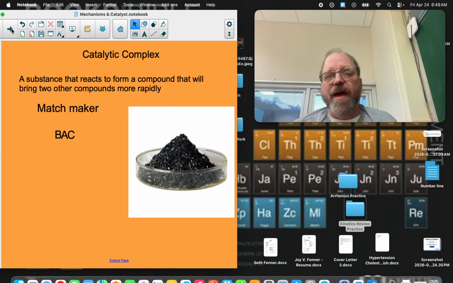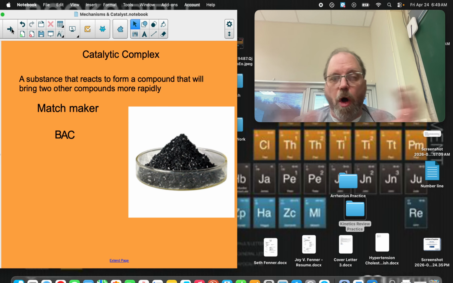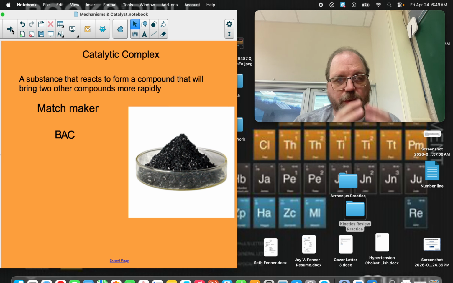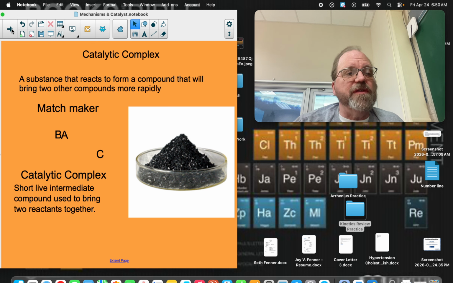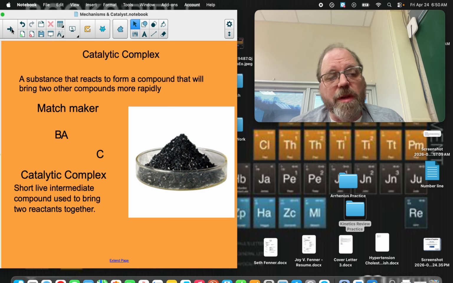We then have A, B, and C all react together. Once those three are together, C falls out and A and B are together. That process is referred to as a catalytic complex: a short-lived intermediate compound used to bring two reactants together more rapidly.